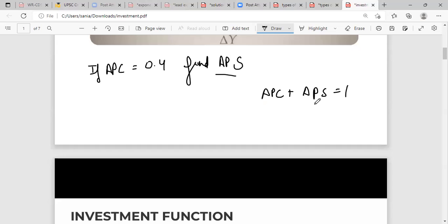Did you use this formula or any different method? Okay, great. Then you have APC over here 0.4 plus APS. You have to find this APS. So this is a criteria that the number which you have to find, you have to make that value alone. So APS will stay here and the 0.4 will go to this side.